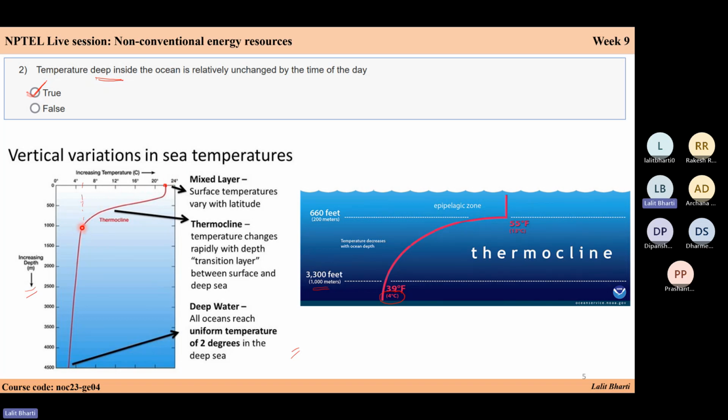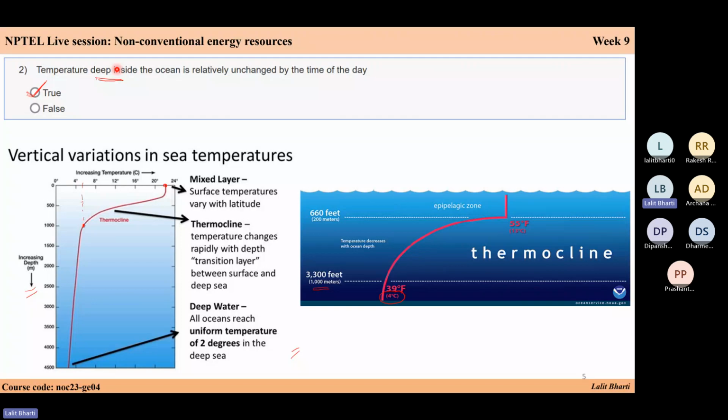But after the 1,000 meter mark, you have the deep water, and there is very small change in temperature, and it is also a very uniform temperature of 2 degrees in the deep sea. After this mark, the temperature is constant at 2 degrees Celsius.